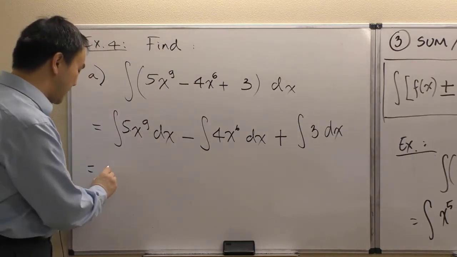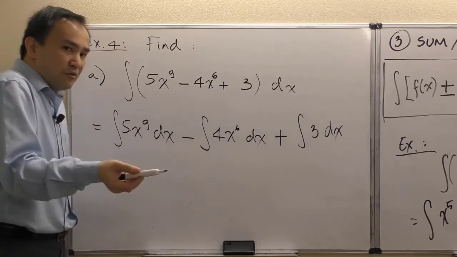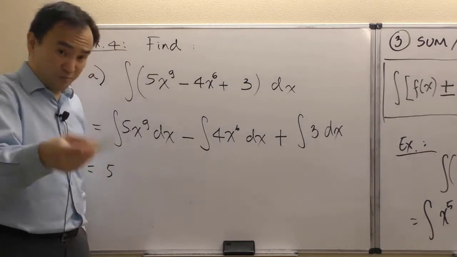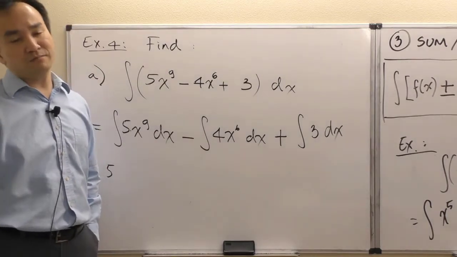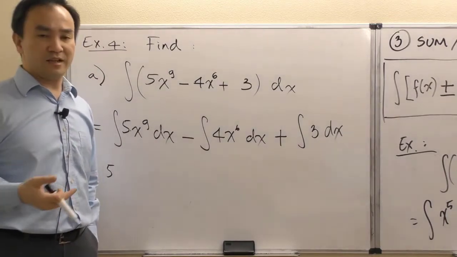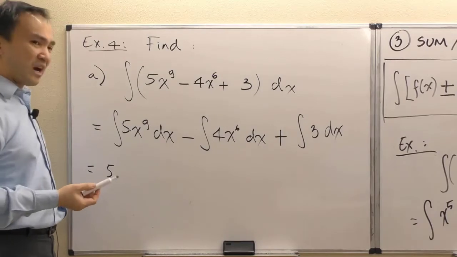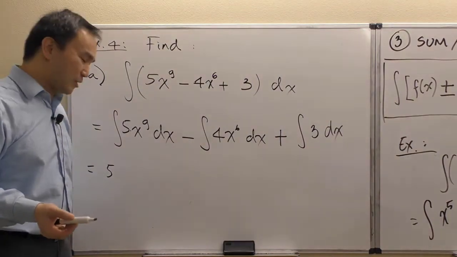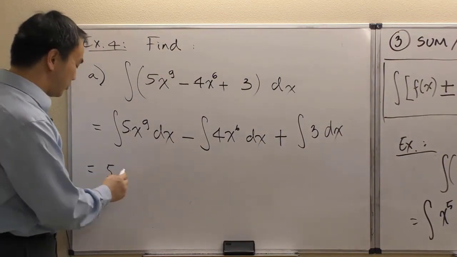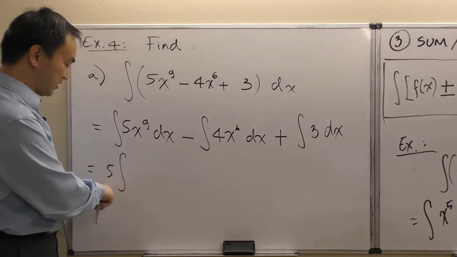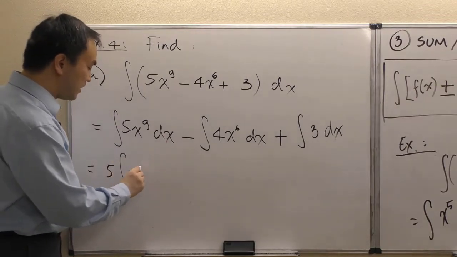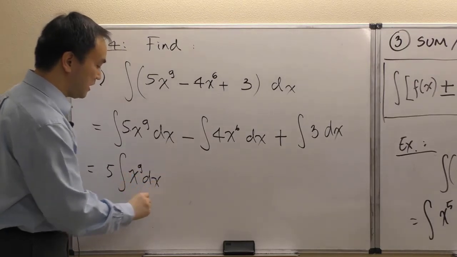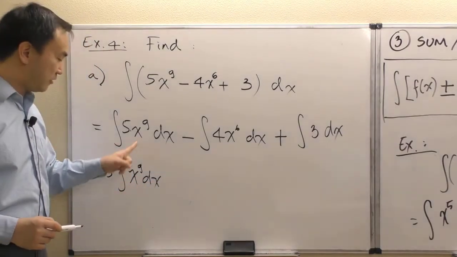The point is that we apply what we learned right here. Some textbooks call that rule number 1, some call it rule number 2. I believe that was rule number 2 according to my order of these rules. So I can pull the constant coefficient out, and I only need to handle the antiderivative of our main power function.